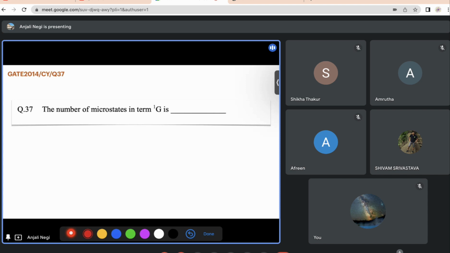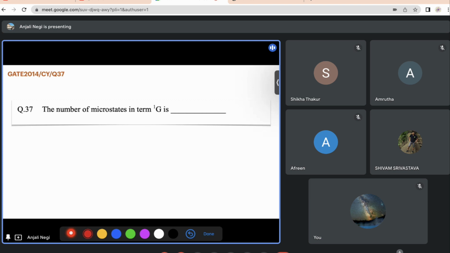As you have followed the previous lecture, we went through the concept of microstates. For the calculation, if we get the electronic configuration, we have one particular equation where I can directly put the number of electrons n.